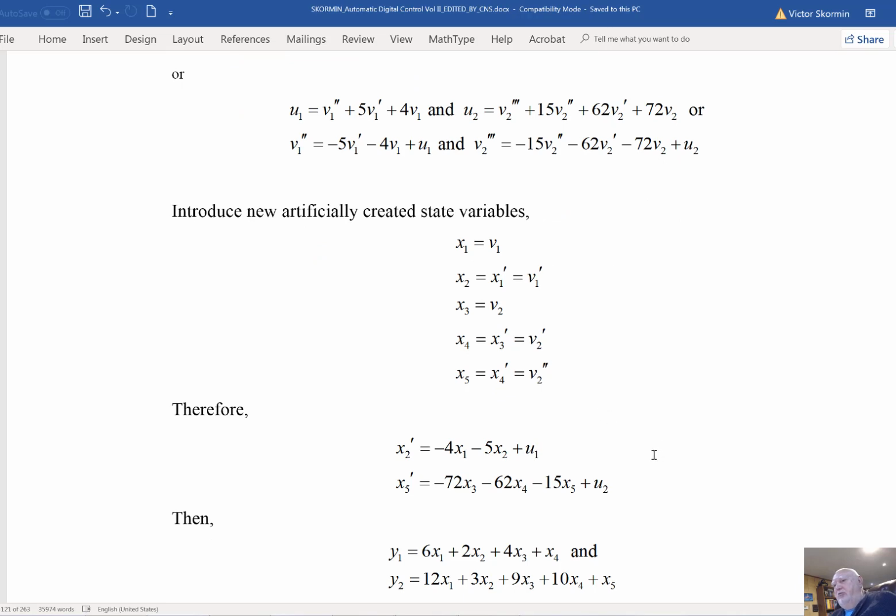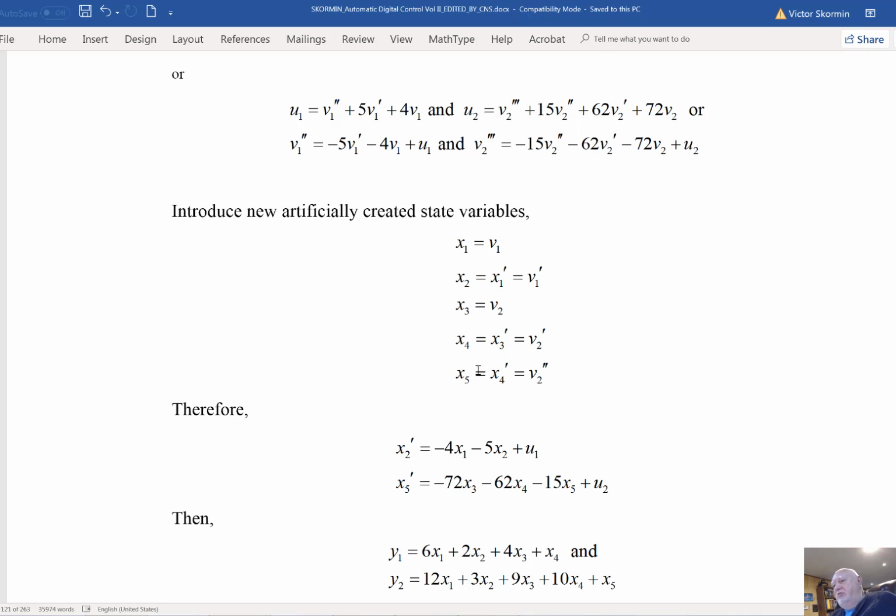And now I want to define x2 prime. What is x2 prime? x2 prime is supposed to be the second derivative of v1, and I have an expression for the second derivative of v1. So I will just rewrite this expression using state variables x1 and x2.